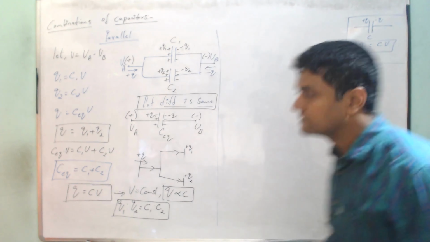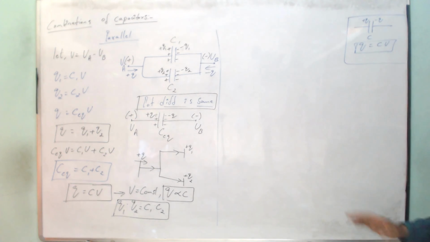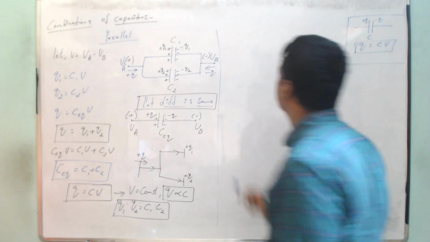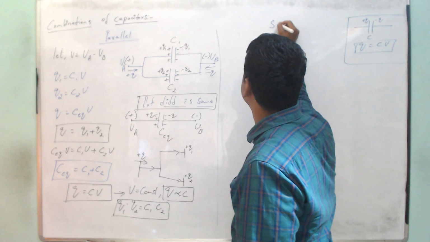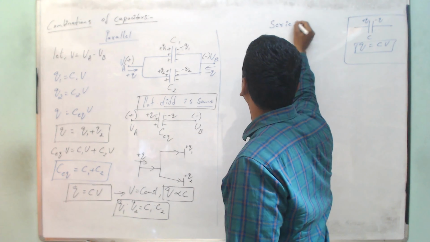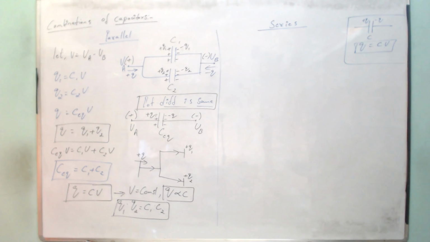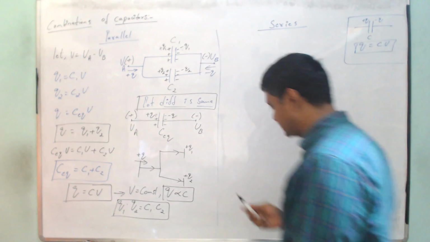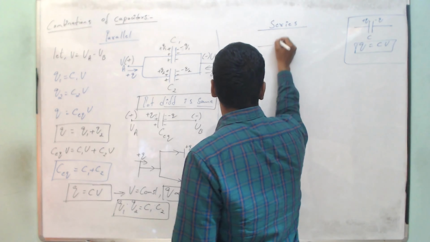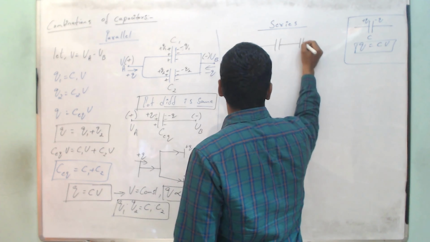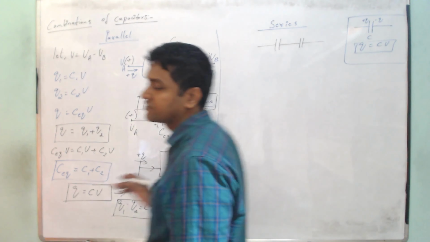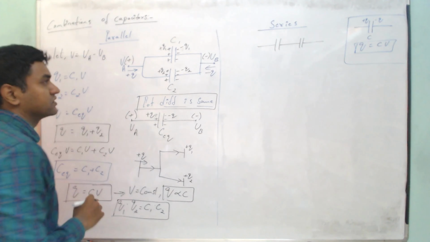Okay. Wait. Let us finish up series also. Now, for a series combination, how should it look like? So basically, I have a capacitor and another capacitor attached next to each other.